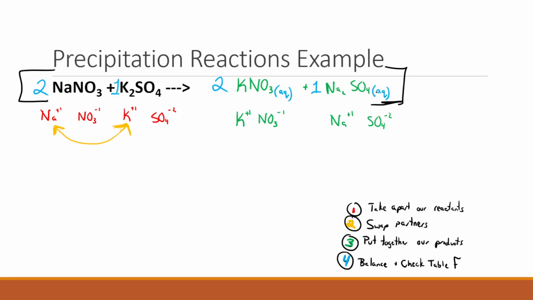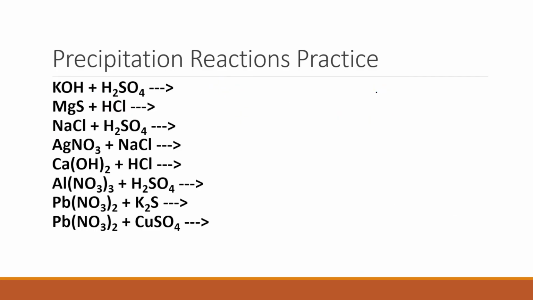Let's take a look at some examples that we're going to let you try. Pause the video here and try a couple of these on your own. Remember your steps. Right, we are going to take apart our reactants. We are going to swap partners.